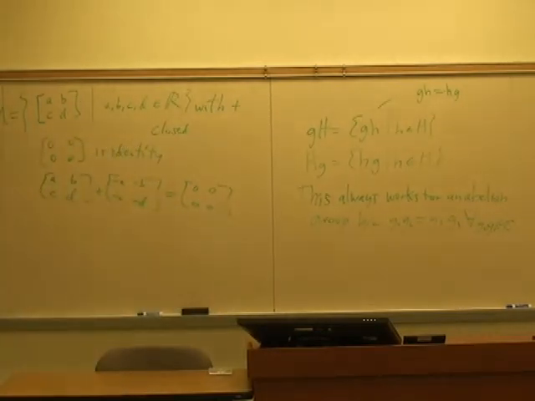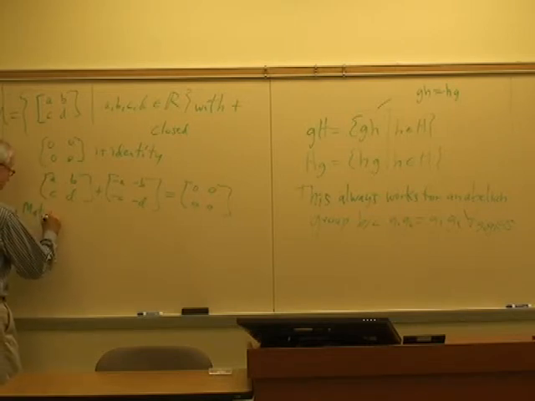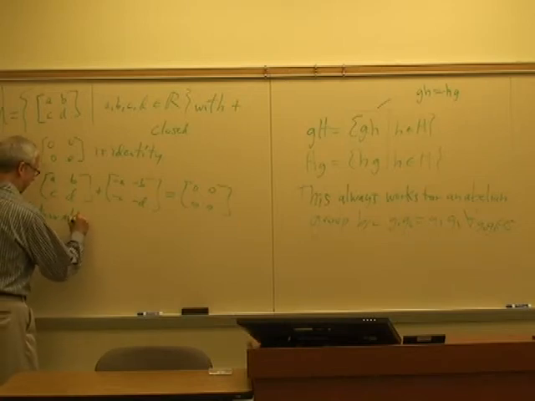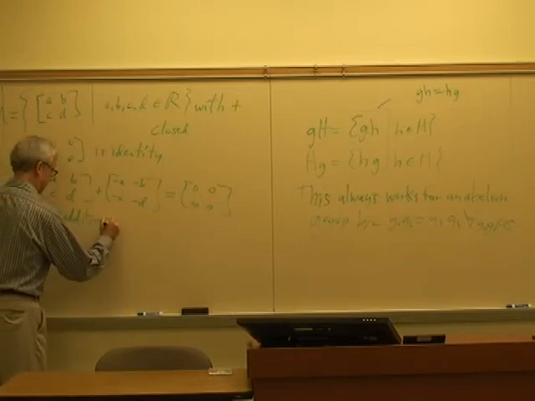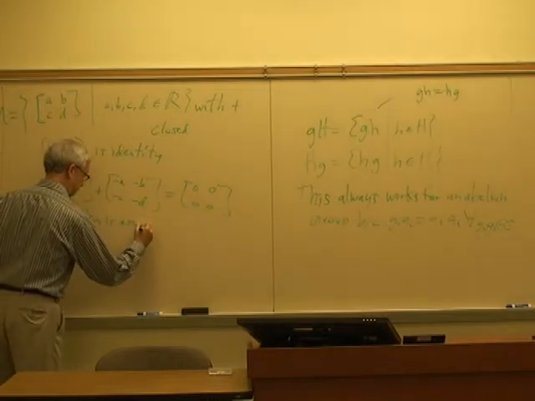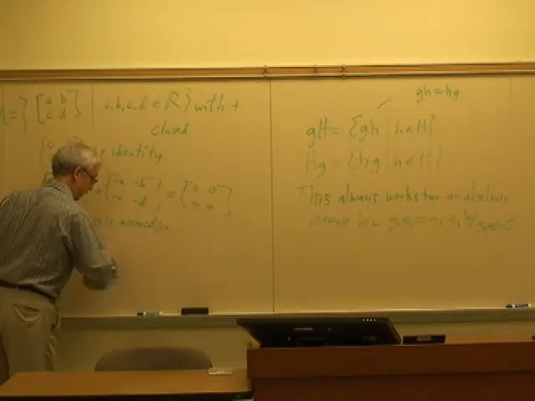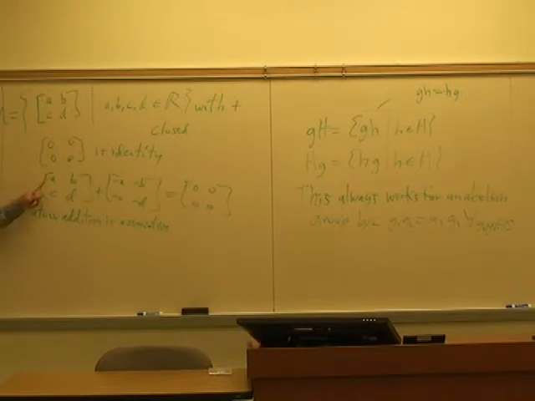I'm not calling it I, because that would be confusing with the multiplicative identity matrix. And what else do we need to be a group? Closure, we have it. Associativity. We'll just say that matrix addition is associative, because I add element by element.